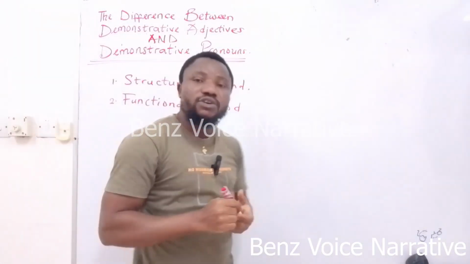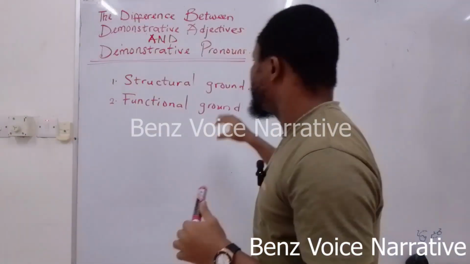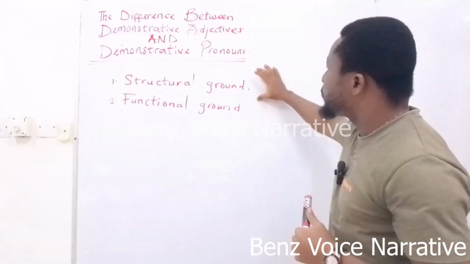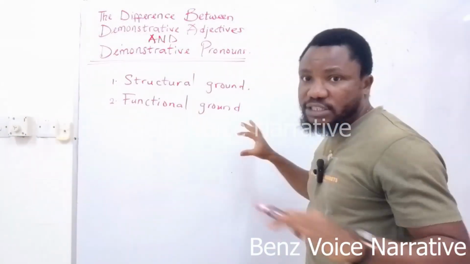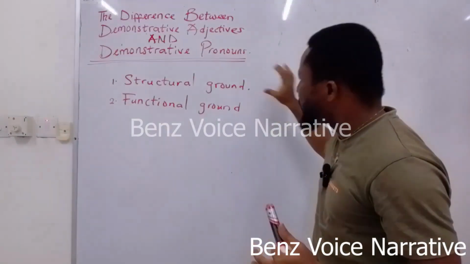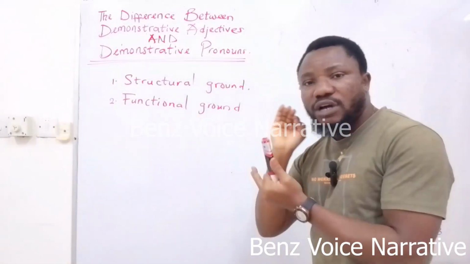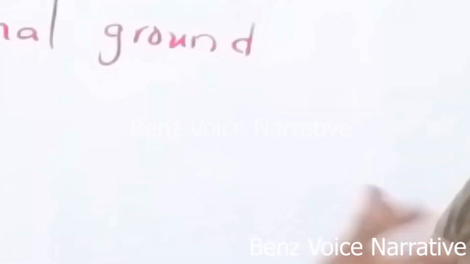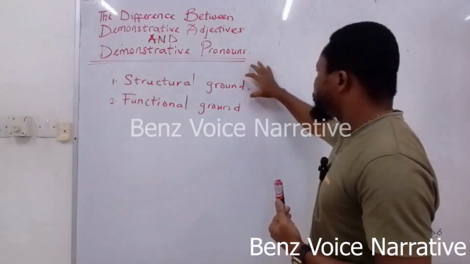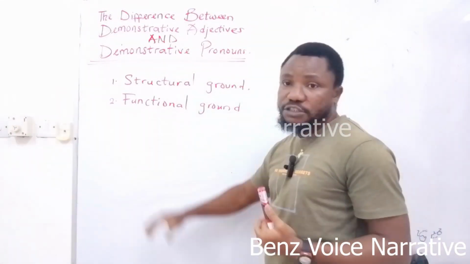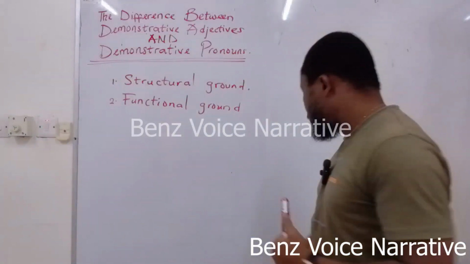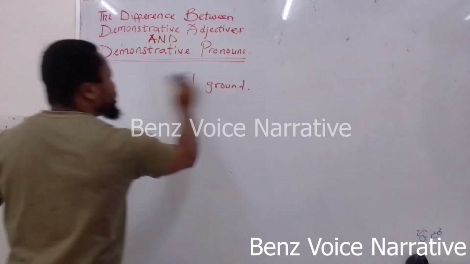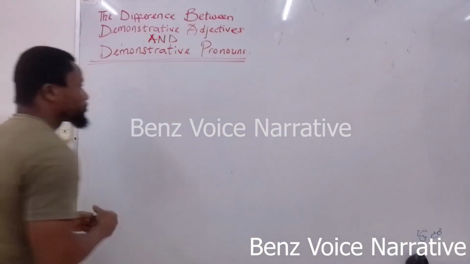That is, we'll consider the structure of demonstrative adjectives, then the structure of demonstrative pronouns in sentences, and from the structure we get to understand what the difference is. After considering the difference on structural ground, we then proceed to the functional differences between these two concepts. So let's consider the structural differences between these two concepts.